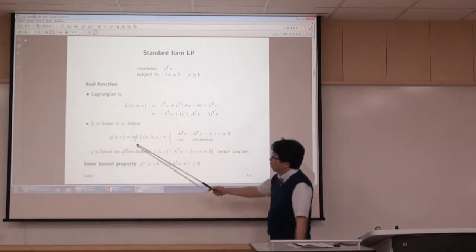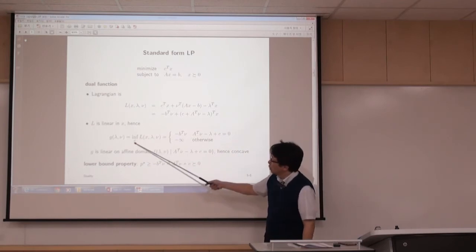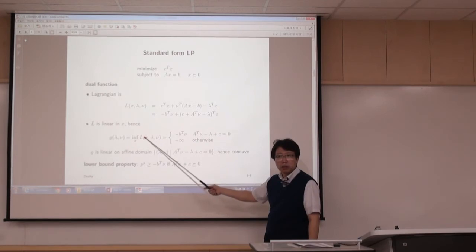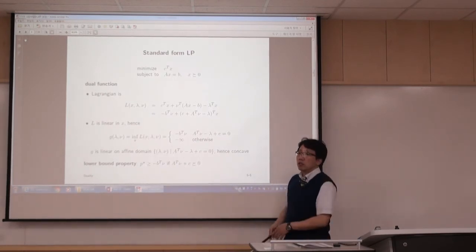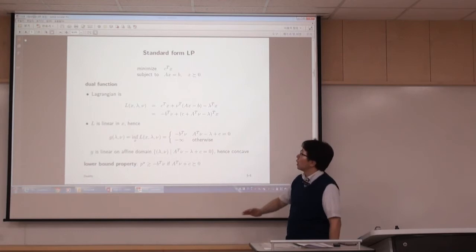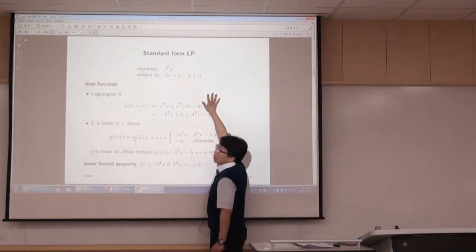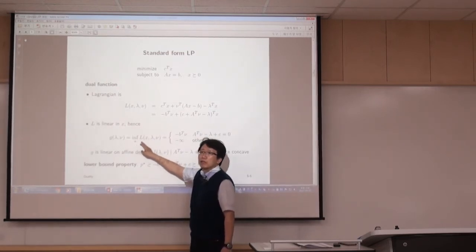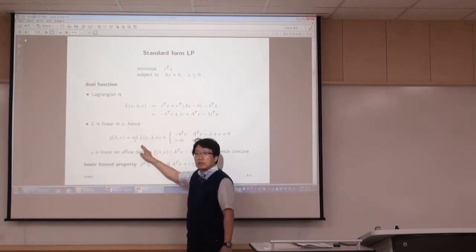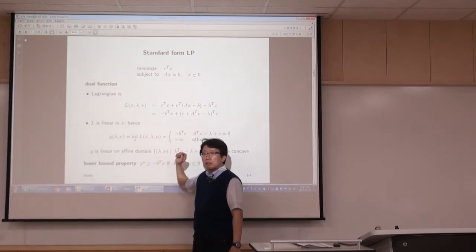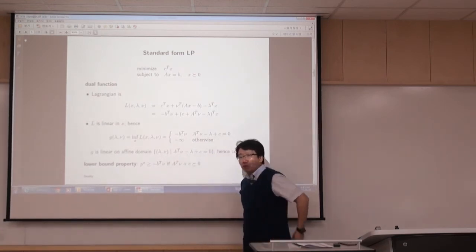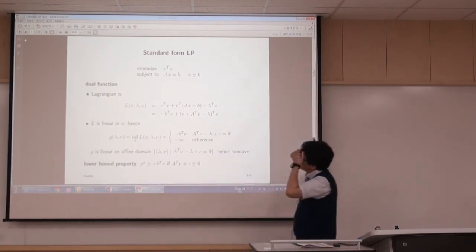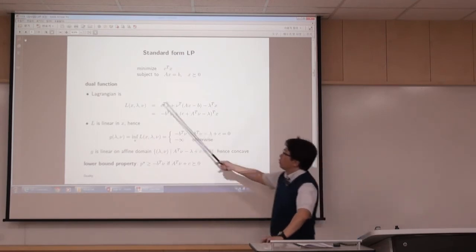So here the author puts no constraint. Got it? Or actually, you can start from the beginning, remove this one, and minimize this one over x greater than or equal to 0. Got it? Because we want a lower bound. But anyway, let's follow their logic.